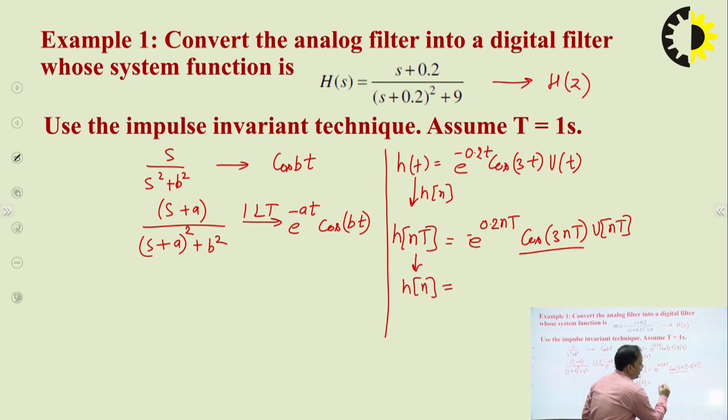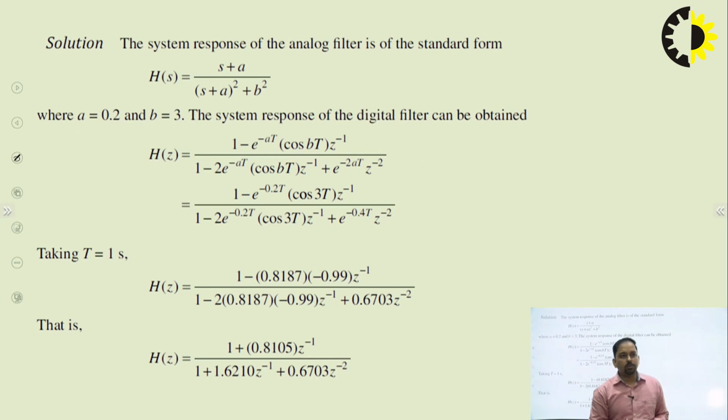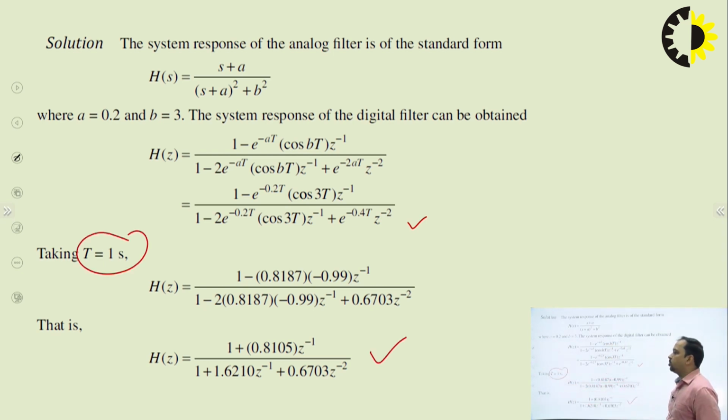If h of n is known, we can easily convert it into the corresponding system function H(z). This is the basic way to solve this type of numerical. If we directly use the property, we have the system function H(z), and finally we put T equal to 1 second and have the system function of our digital filter.